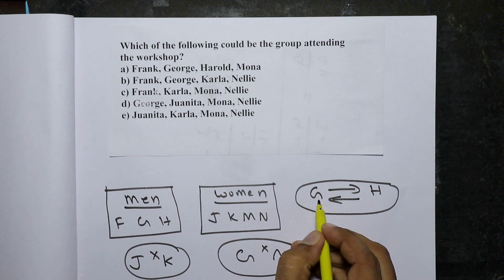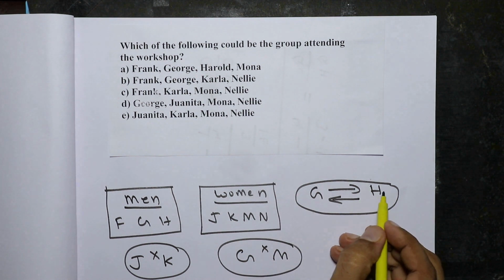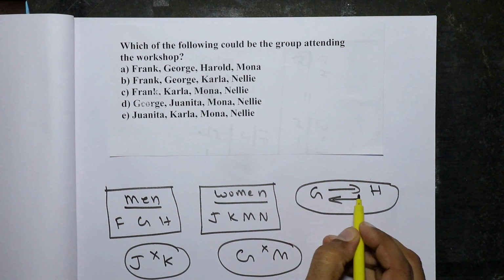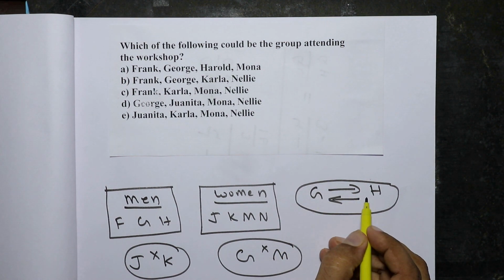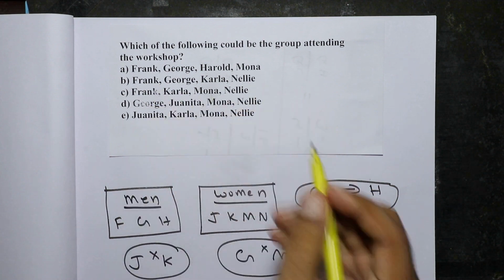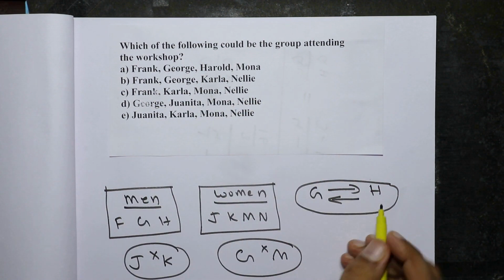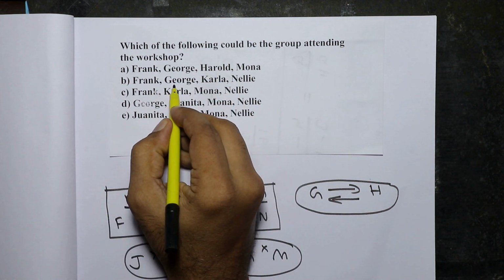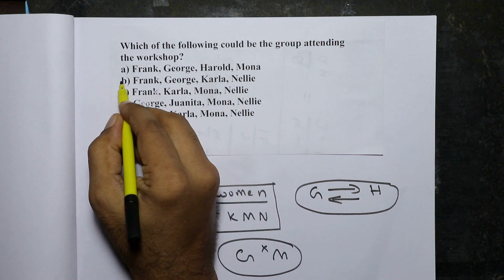So either both of them should be there or both of them should not be there. Any one individual alone is not allowed. So let us eliminate those options which do not satisfy this condition. Here both G and H are there, so that is okay. Here G is there but H is not there. So B cannot be right.